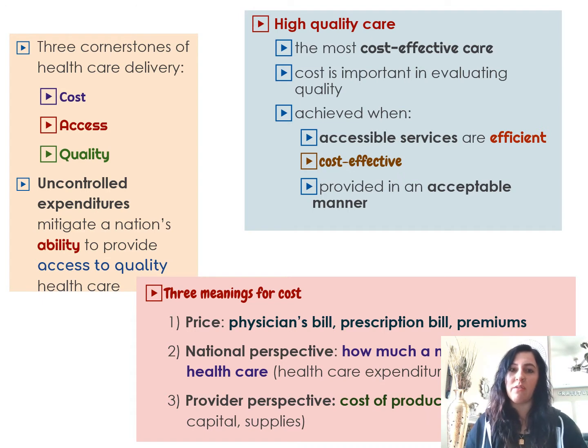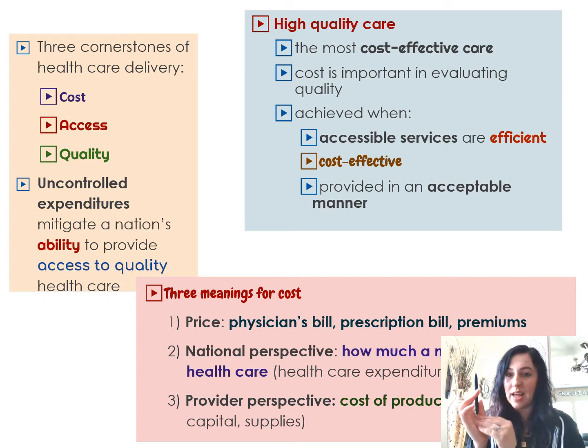We usually think that when quality goes up, the cost is going to go up. But when it's cost effective, the goal actually is that the quality is high and the cost is lower.